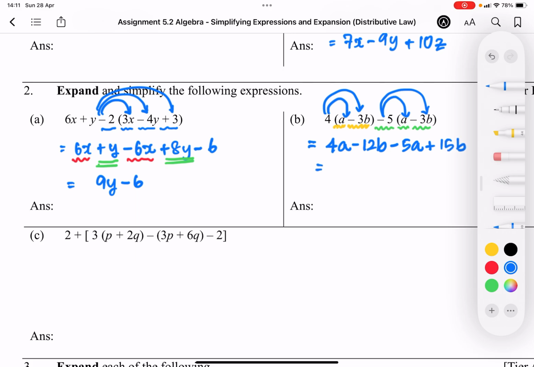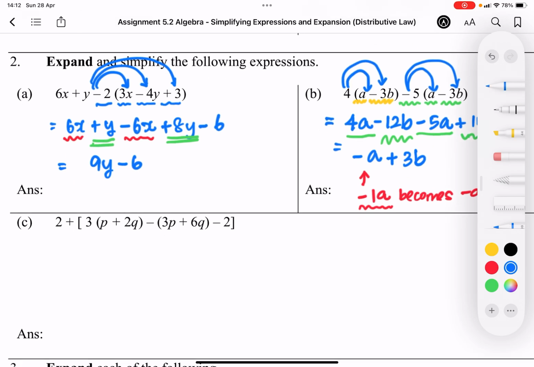And with this, look for the like terms here and here. And of course, the other one is here. And the answer will be negative a plus 3b. Now do note that, while we know that 4a minus 5a will give us negative 1a, in algebra, we need to simplify this to become negative a.